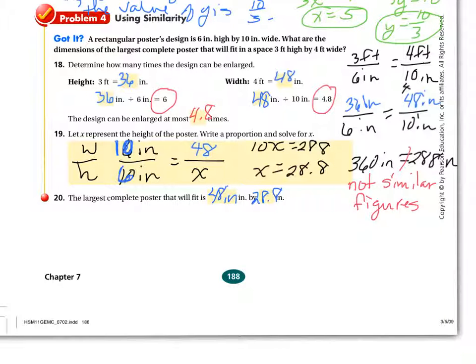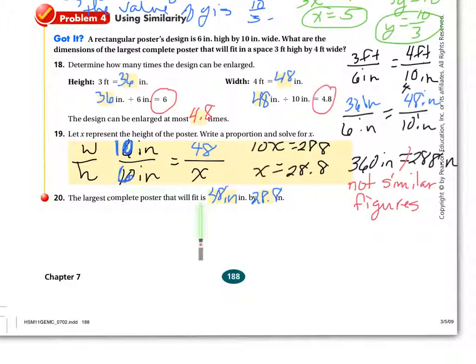You okay with that, Tatum? No, I'm confused. About what I got? Not what you got, I'm just confused with the question. Well, since these are not similar figures, in other words, since the poster and the area at which the poster goes in are not similar figures, they're both rectangles, but their corresponding sides are not proportional.